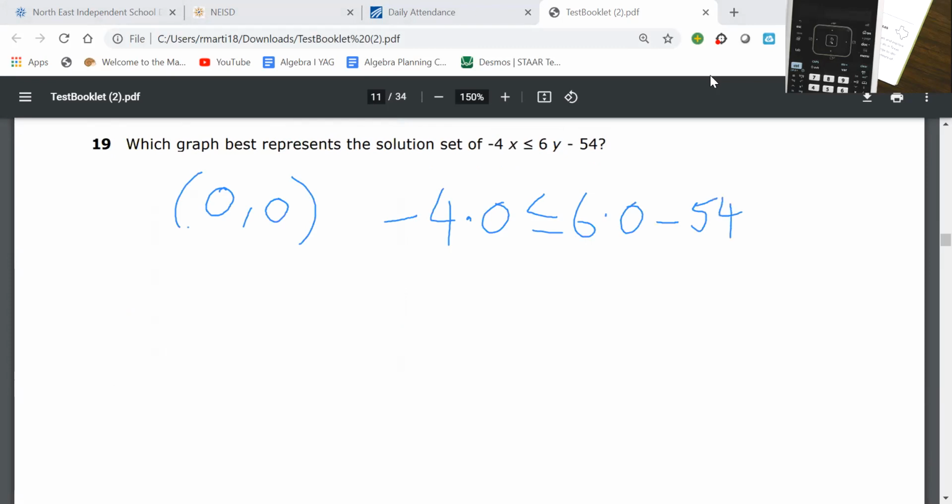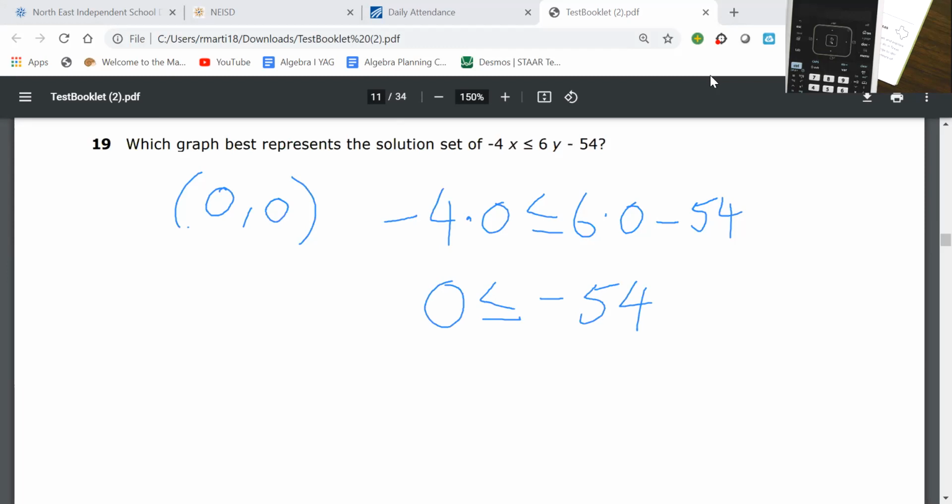Then you just multiply that out. 0 is less than or equal to 6 times 0, which is 0, so you're left with negative 54. Is 0 less than or equal to negative 54? No, if you look at the number line, 0 is in the middle and negative 54 is way to the left. 0 is greater than.